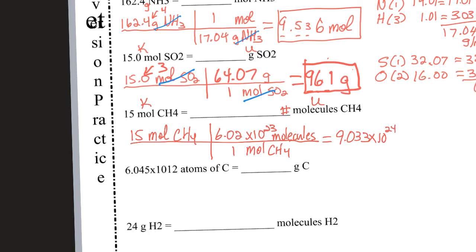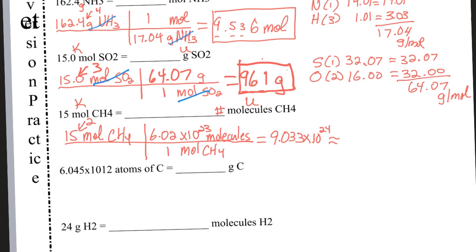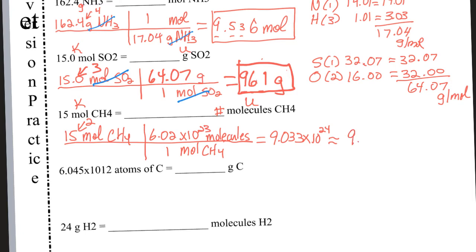I check my significant figures. I need 2 of them. So I've got to round that to 9.0 times 10 to the 24th, and that's molecules.